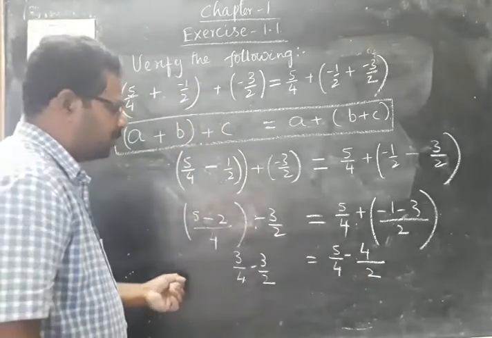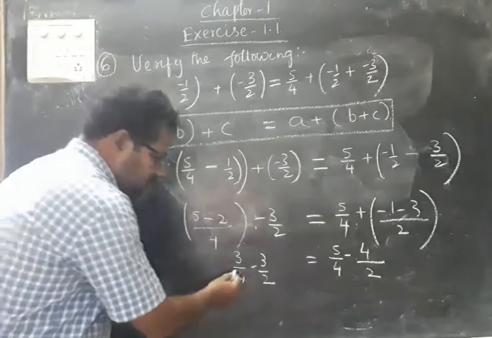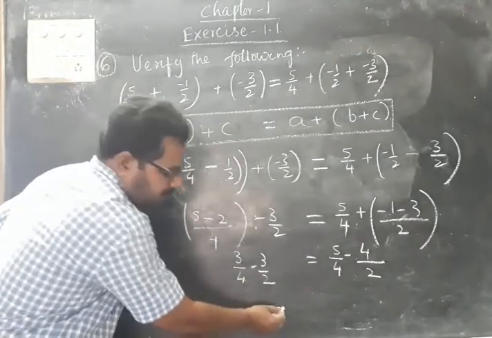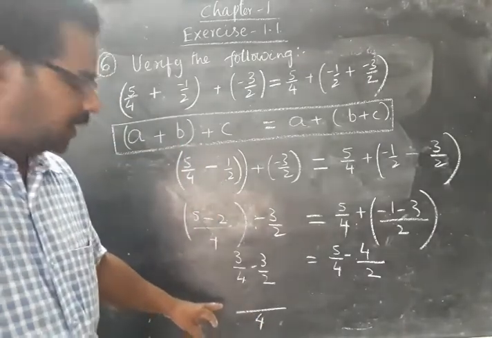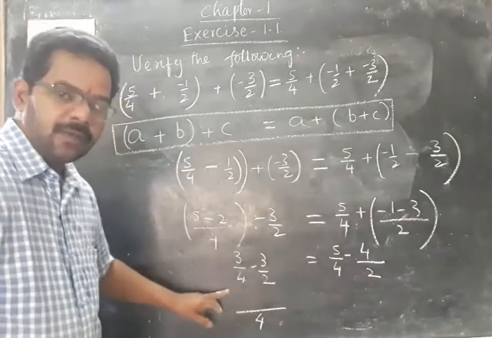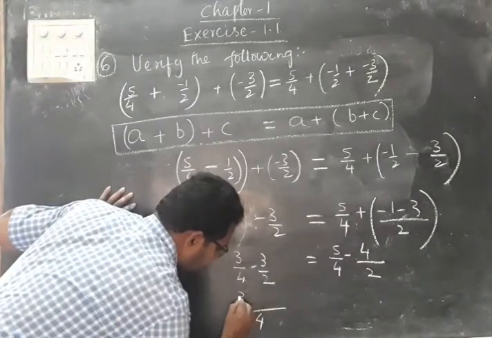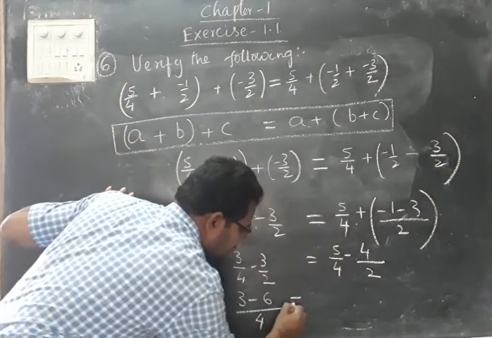For this also, we have to simplify once again. For this 4 and 2, you can take LCM as 4. 3 minus, 2 2s are 4, 3 2s are 6.